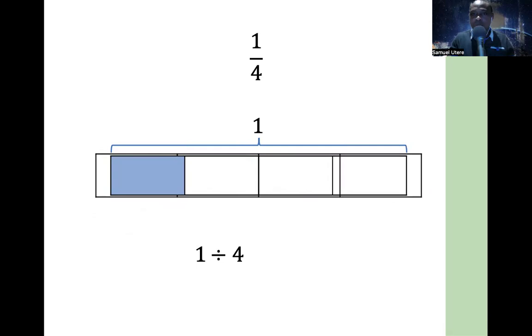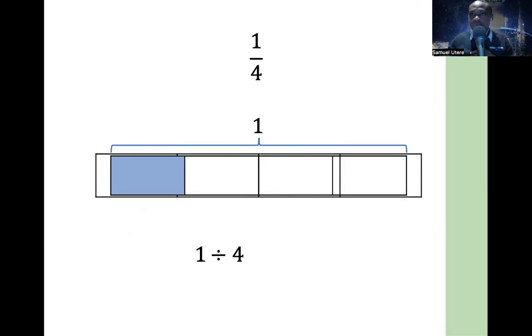What about 3/4? What would we do? Well, it means we need 3 bars, of which each bar is equal to 1. We can write it like this. We can write fraction as division and division as fraction.